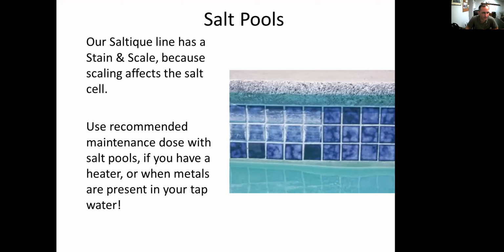Using this will protect the salt cell and improve the function of that cell. Same thing, you want to use it as a maintenance dose. It does break down slowly, so just adding a small dose every week is the best way to keep an adequate level in the water.